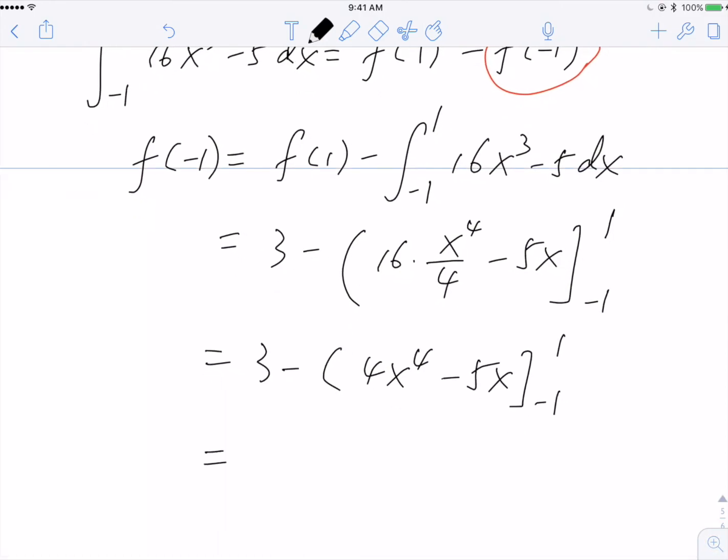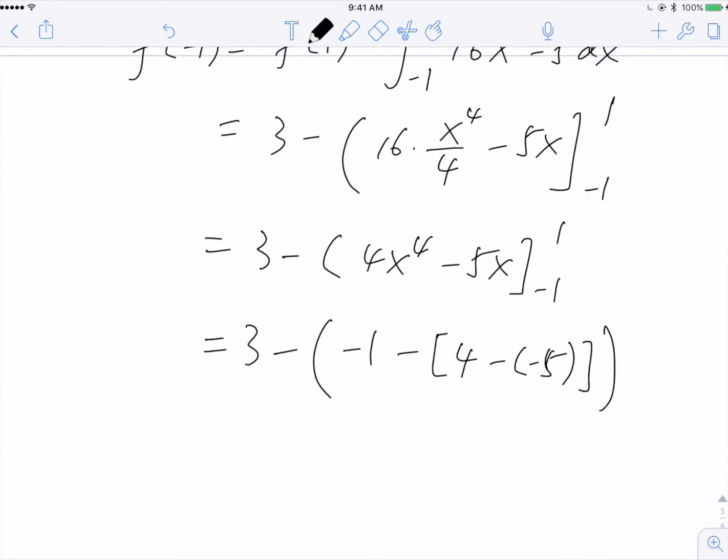So let's evaluate this. At 1, it's equal to 4 minus 5, which is negative 1, minus the value at negative 1, which is 4 plus 5, which is 9.